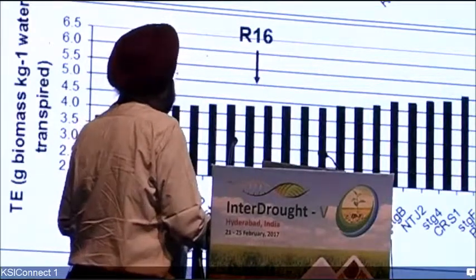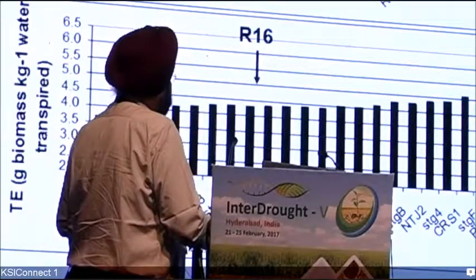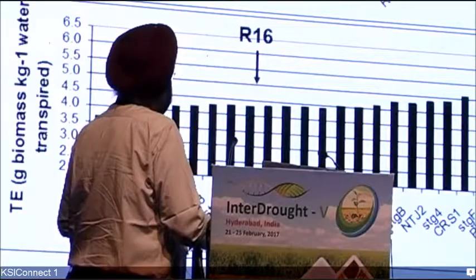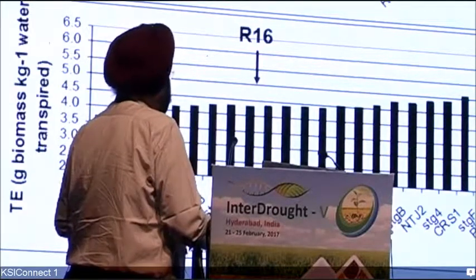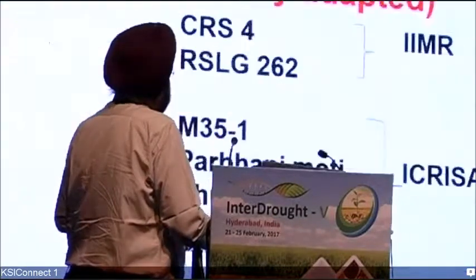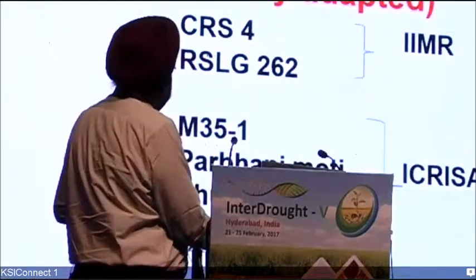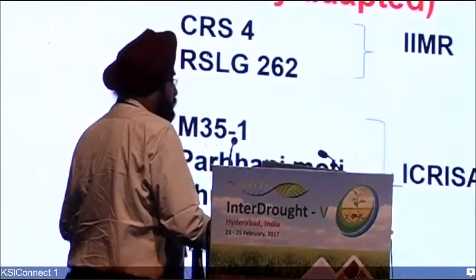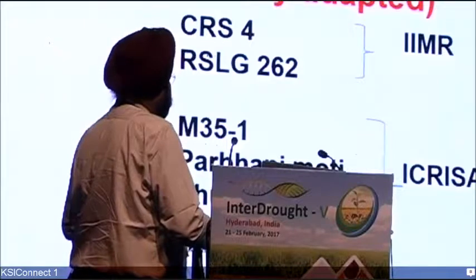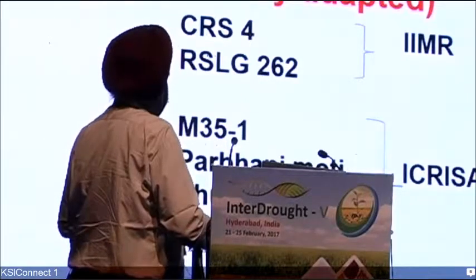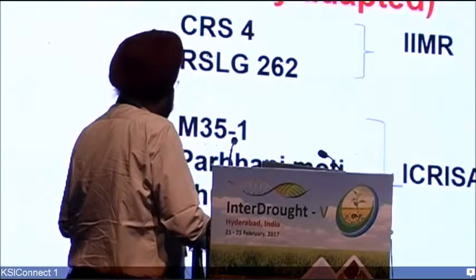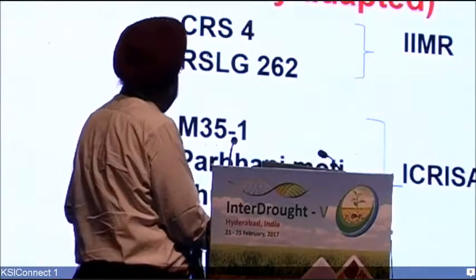In transpiration efficiency as well, stay green 3B is improving in both genetic backgrounds, but much more in R16. With this we conclude that stay green 3B is the major QTL governing this, but we have taken stay green 3A also because they are located side by side on chromosome 2.